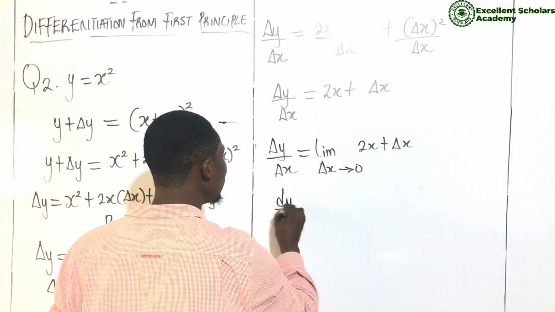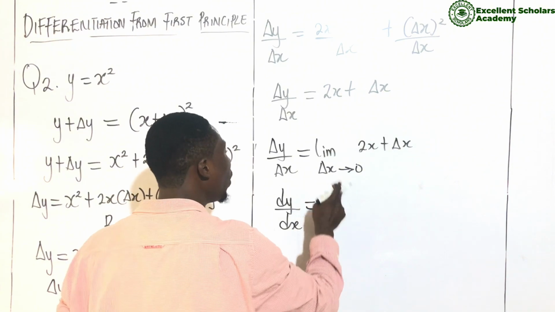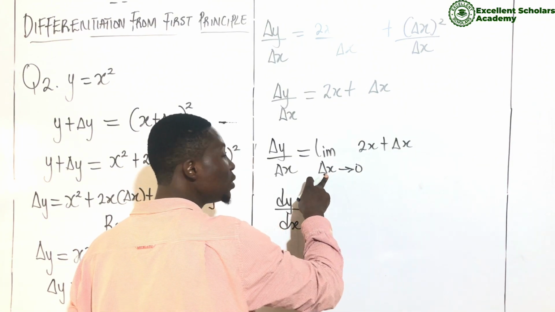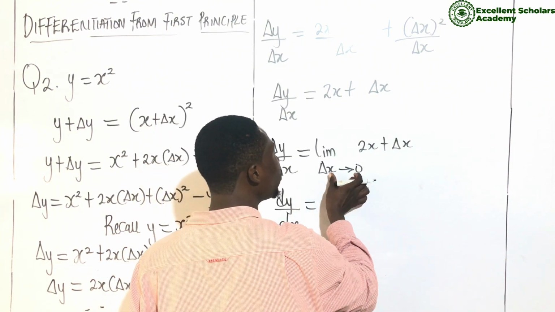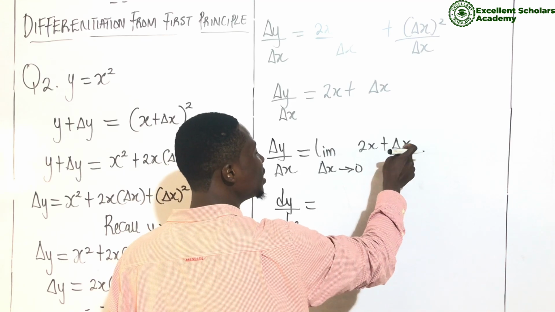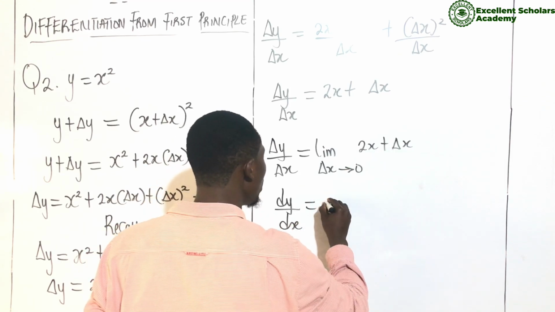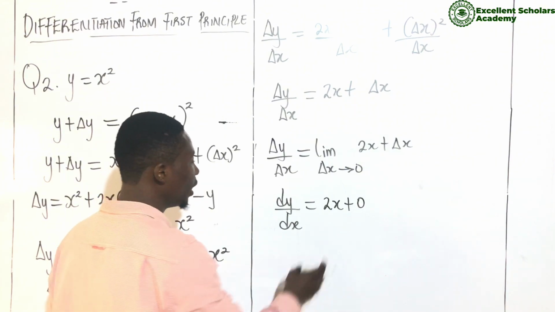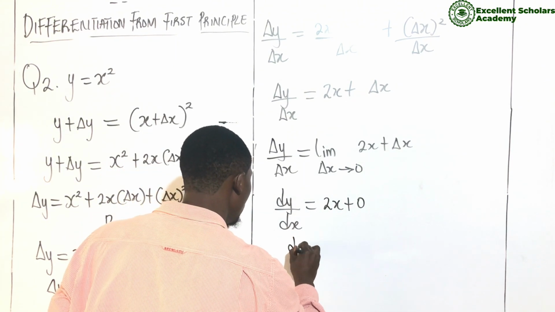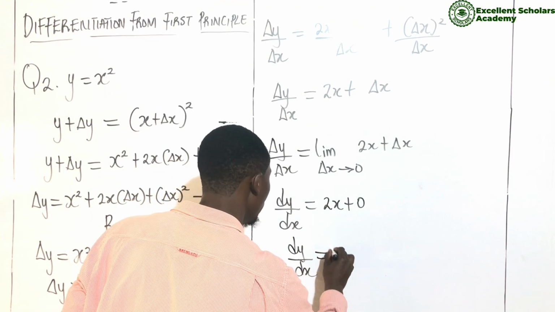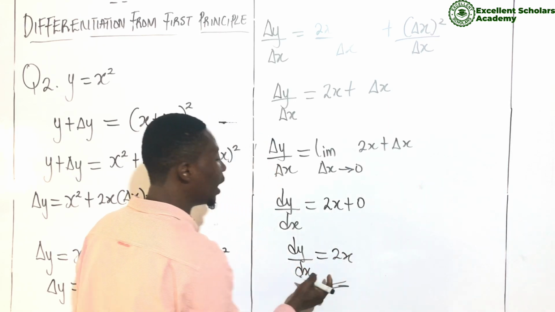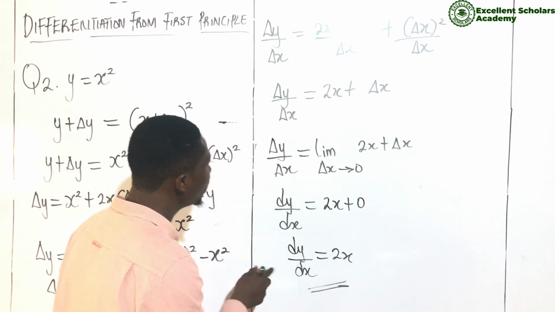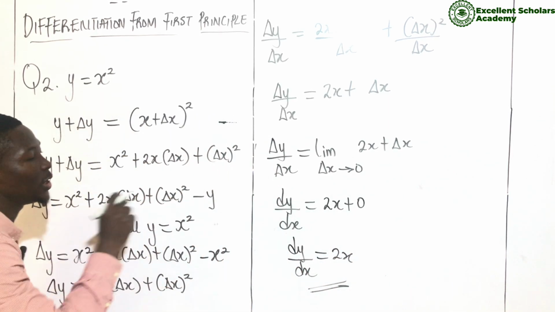So it becomes dy dx equals, now when you want to limit small increment in x as it tends to 0, just substitute 0 anywhere I see small increment in x. So it becomes 2x plus 0. And then 2x plus 0 finally gives us 2x. So dy dx equals 2x. And this is our derivative. That's the differentiation of x squared. It gives us 2x.